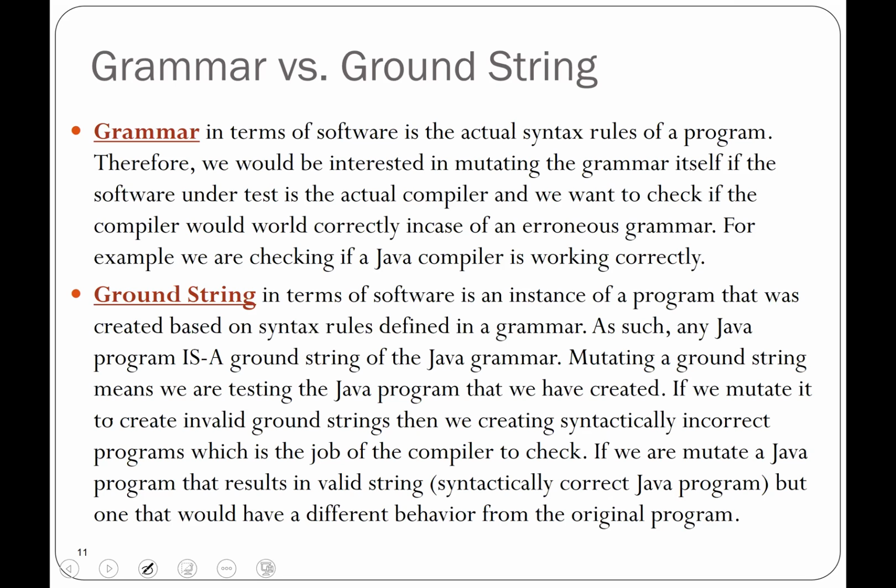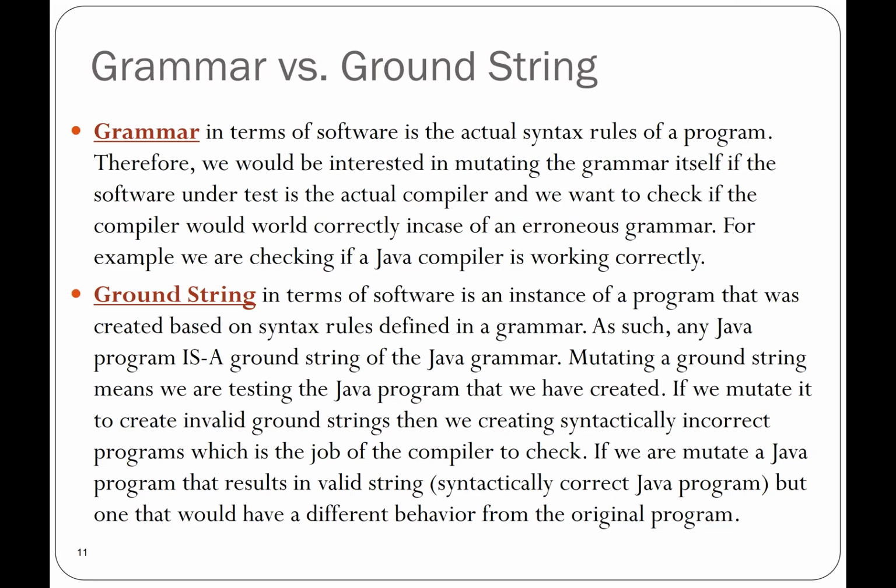Okay, so in terms of software, the grammar is the actual syntax rules of a program, and if we mess it up, then we are messing up with a grammar that would produce something that may or may not be syntactically correct.